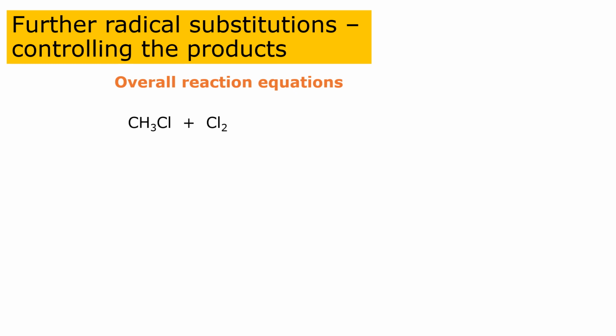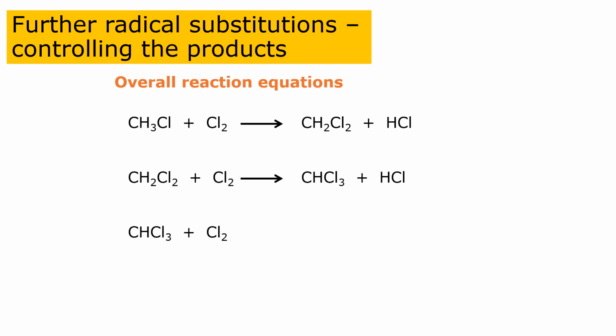If we look at the different overall reaction equations that are possible, what you're noticing here is you're getting further substitutions. In other words, instead of just CH3Cl, you make CH2Cl2. Each subsequent product reacts with a new chlorine molecule to make another substituted product. In each case, more hydrogens are taken off and more chlorines substituted on.